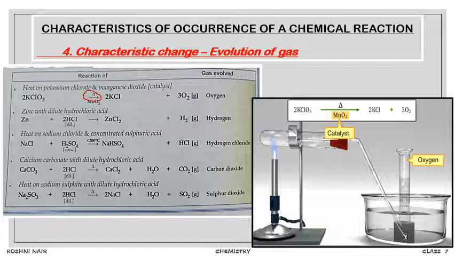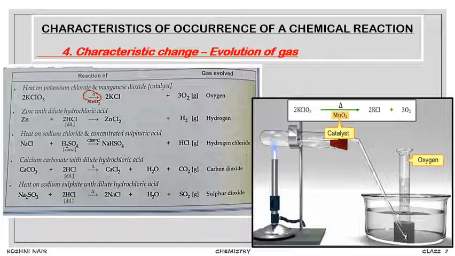Last one is when you heat sodium sulfite, Na2SO3, with dilute hydrochloric acid, what are the products we are getting?